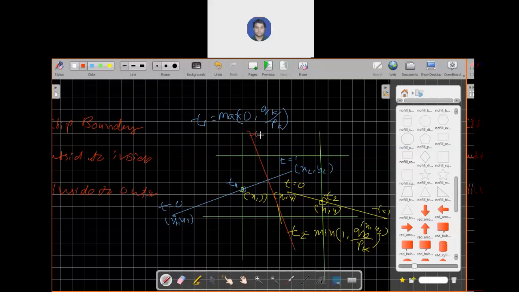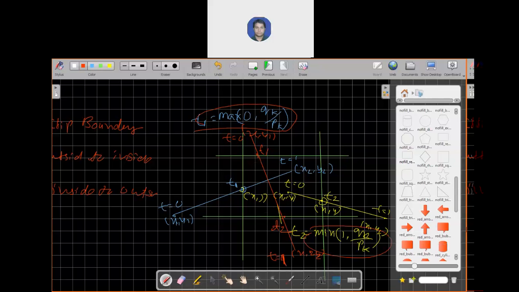This is your point x1 y1, the initial point, and this is the end point x2 y2, and these are the t1 value and the t2 value. At this point t is 0 and at this point t is 1. So the values of t1 and t2 we have to find using these two equations, t1 max or t1 min.